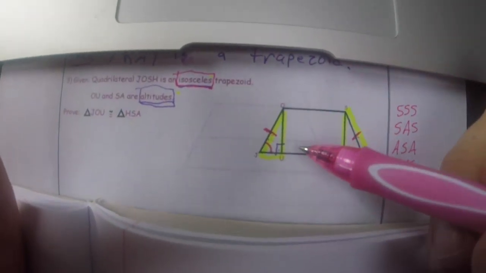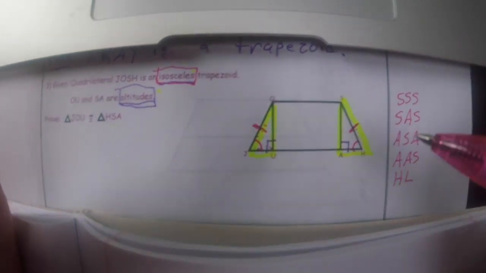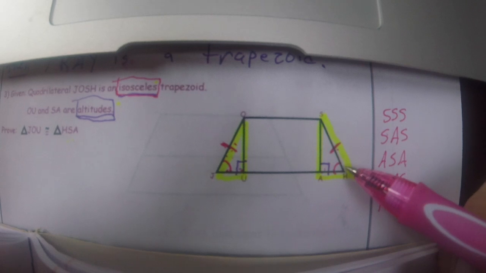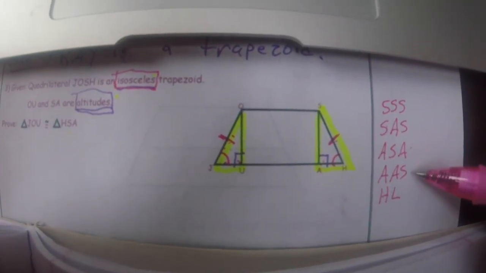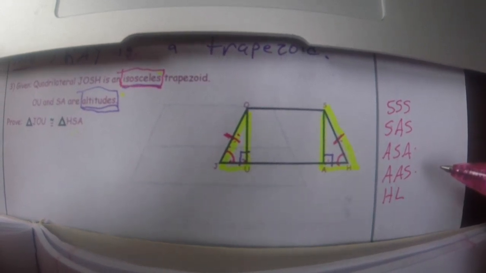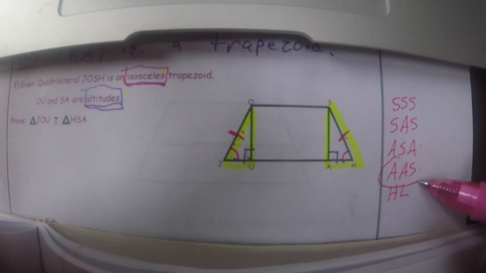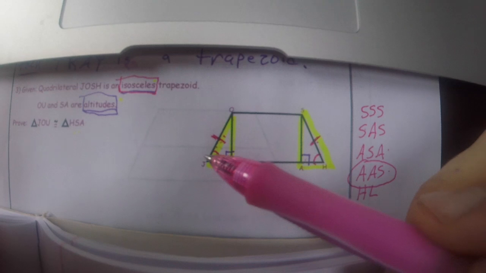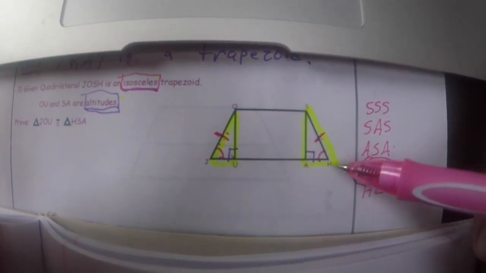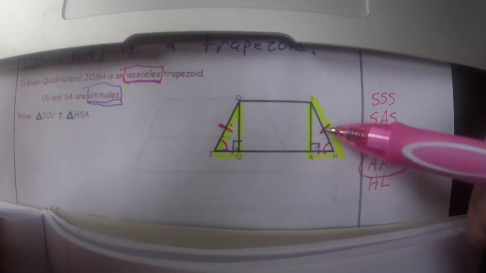All right, so now let's take a look at what we've proven so far. I have an angle and a side in that order. I have an angle and a side in that order. So, am I going to use angle, side, angle, or angle, angle, side? Remember, the order matters. Now I have enough information to prove that triangle JUO is congruent to triangle HAS, and the reason is going to be angle, angle, side.